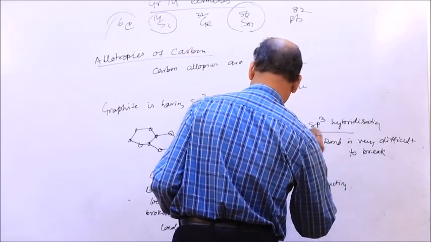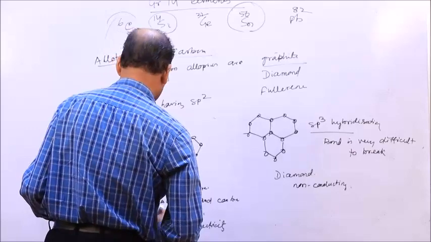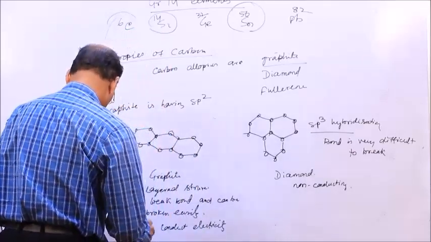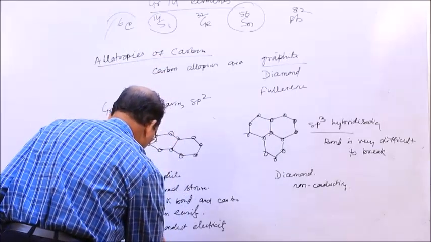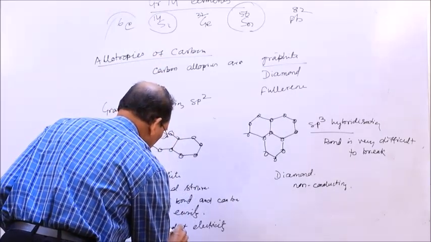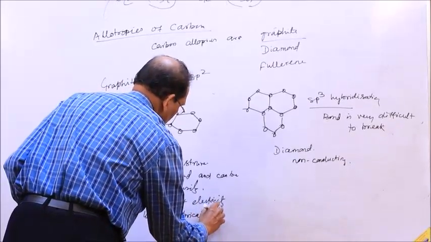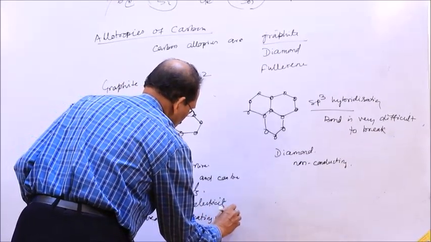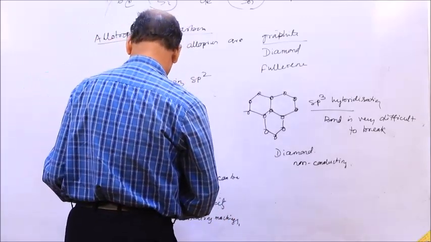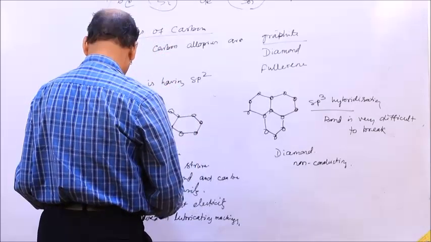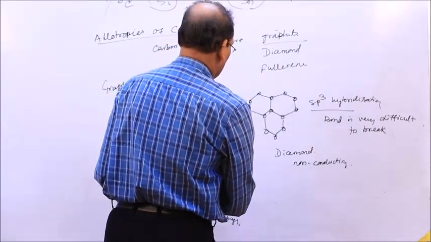Graphite is also used in lubricating machines, whereas diamond is used in jewelry.